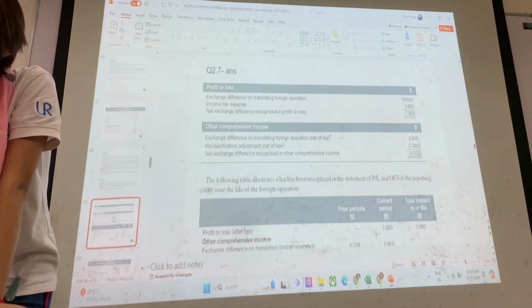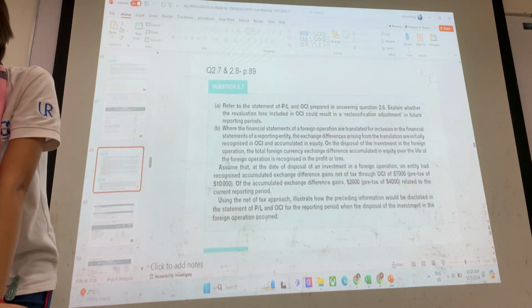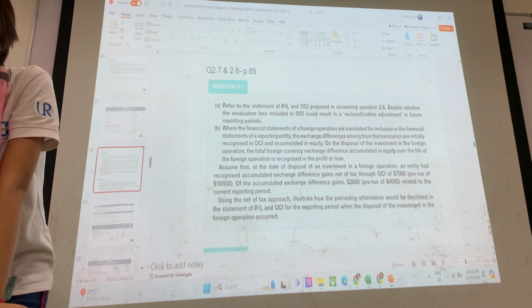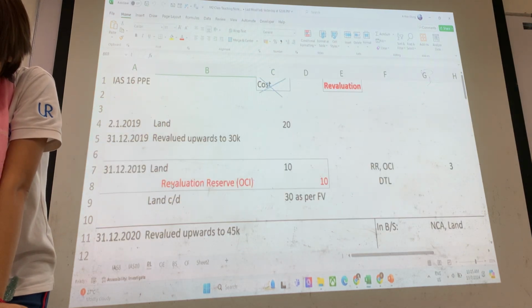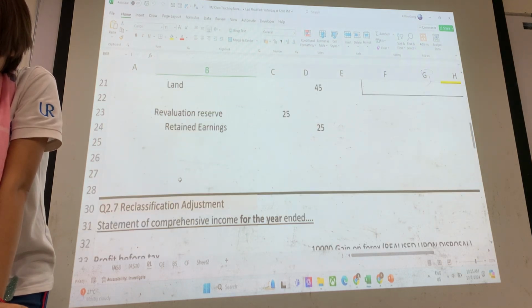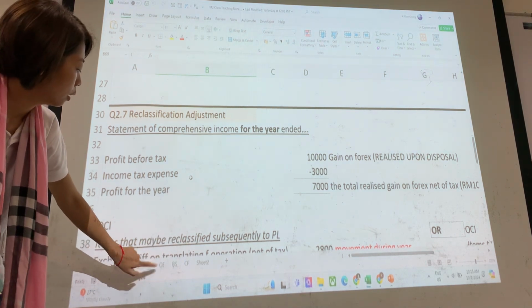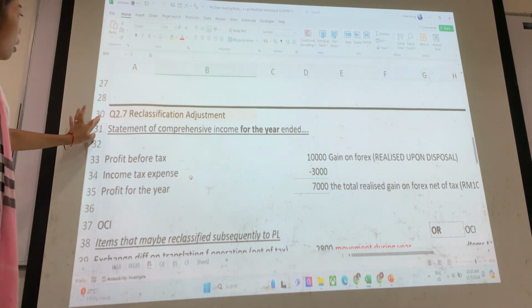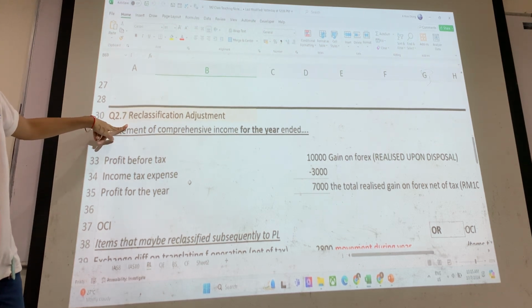Wait, I jump a bit. So we'll look at question 2.7 as an example, and so my class teaching note is over here. So you can see 1, 2, 3. The third one, profit or loss, somewhere around row number 30, reclassification adjustment.